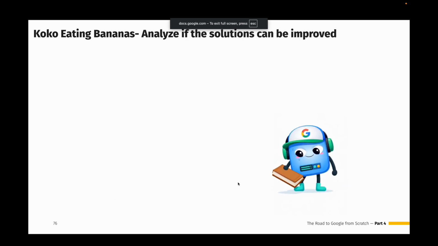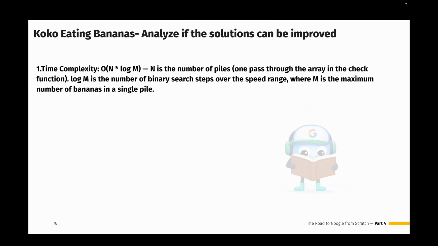So the time complexity is O(n log m), where n is the number of piles, one pass through the array in the check function, and log m is the number of binary search steps over the speed range, where m is the maximum number of bananas in a single pile.